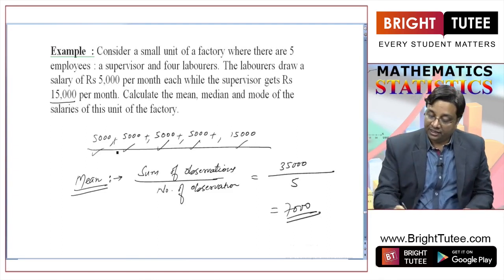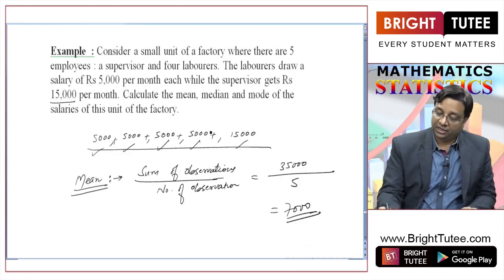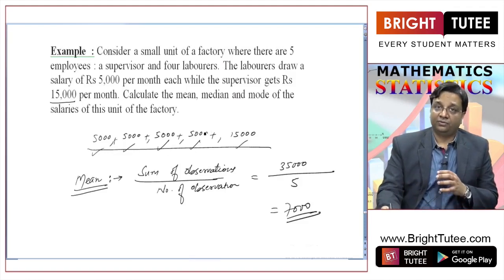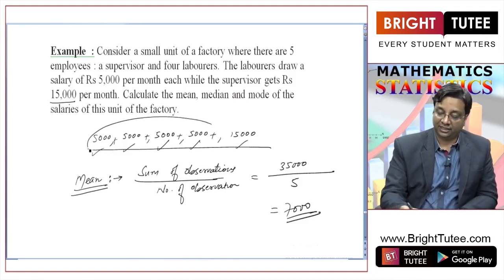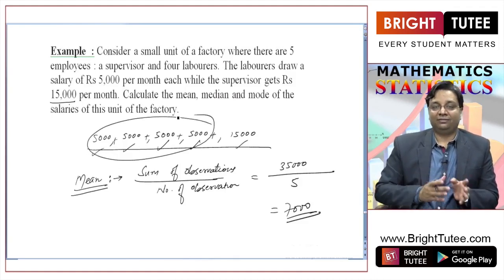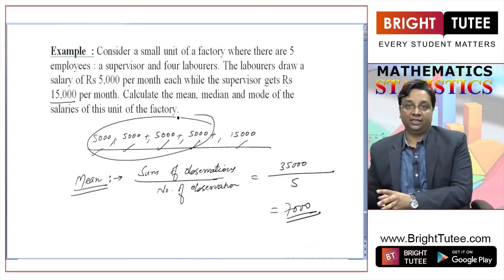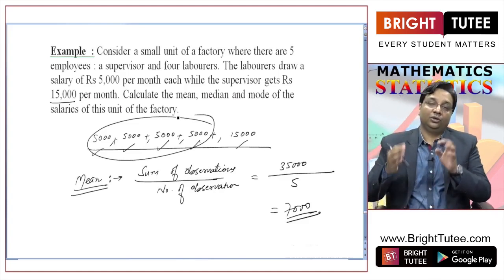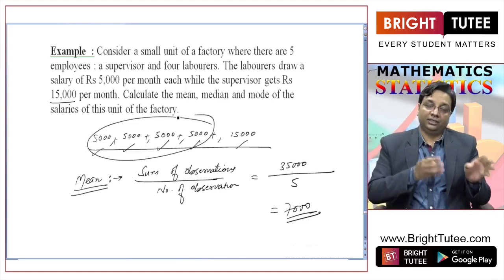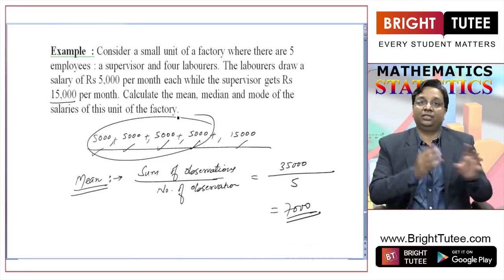Okay. The other way to do it: the number of laborers having 5,000 as their salary is 4. So 5,000 appears 4 times in the data. So the frequency of the salary 5,000 is 4.